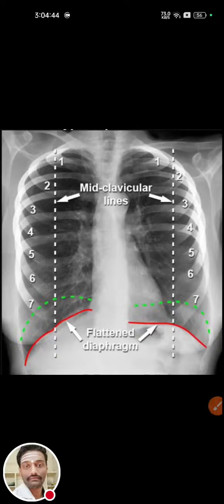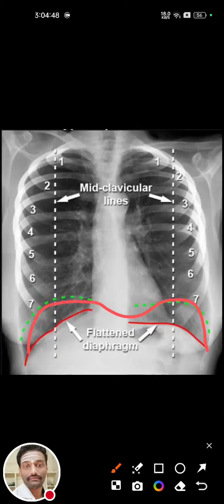Check the mid-clavicular lines and the flattened diaphragm. We'll discuss the diaphragm. First understand the mediastinum and hila arrangements. What are the normal levels? If you have any doubt, you can ask in the comments.